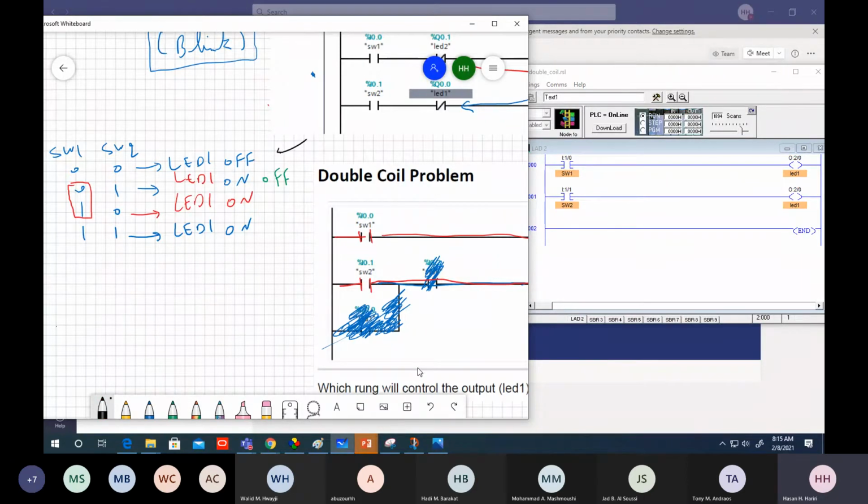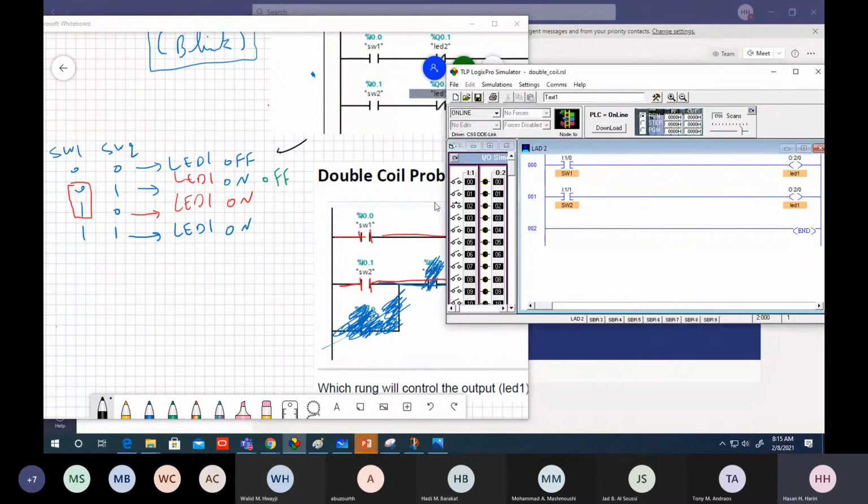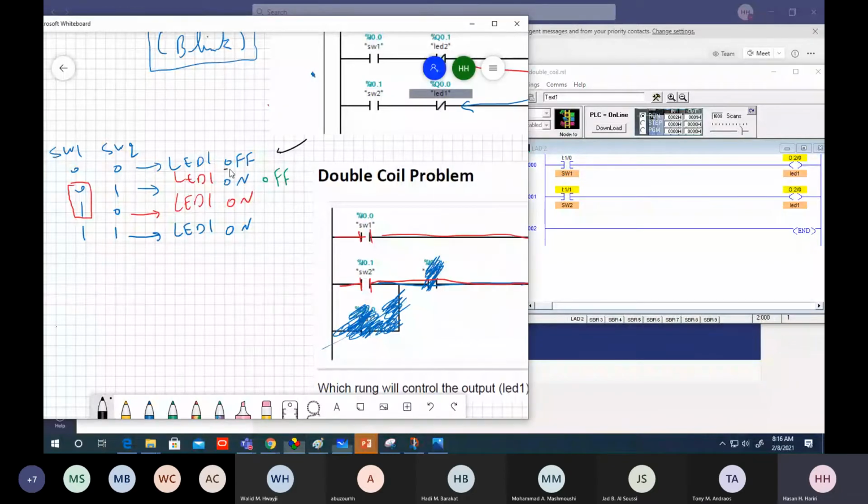What about the second situation, where switch 1 is off and switch 2 is on, 0 1? The light is on. Then this is the correct one. Doctor, can we go back and try case 1, when switch 1 is on and switch 2 is off?